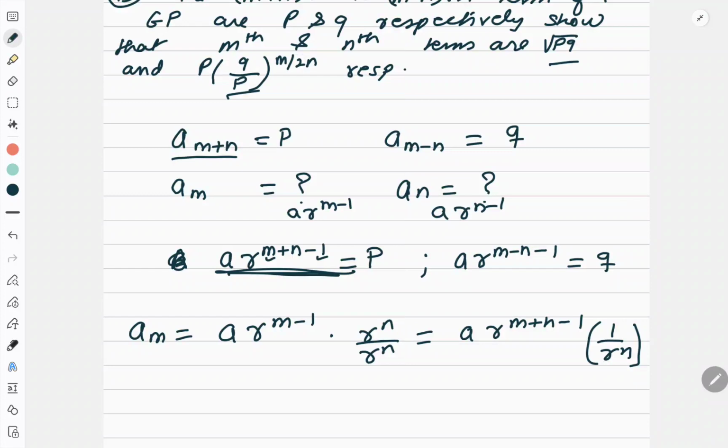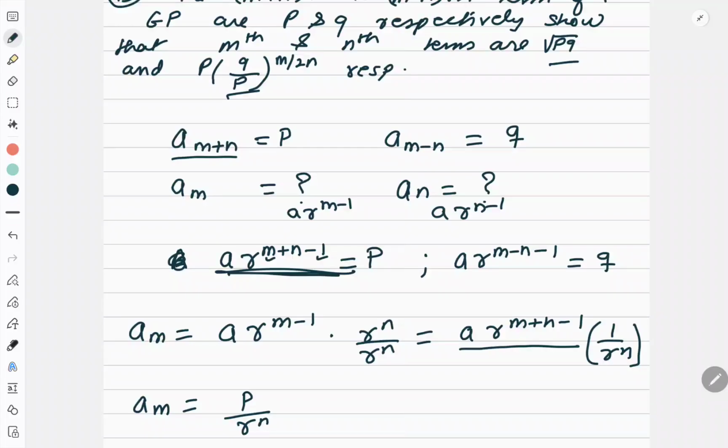Correct? Now, what is the value of this thing? This value is P. So, am is equal to P upon r to the power n. I got this expression, because that was my (m+n)th term.